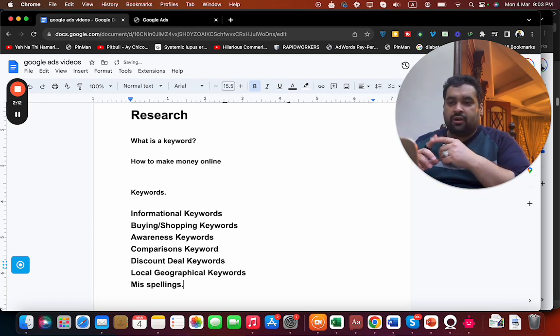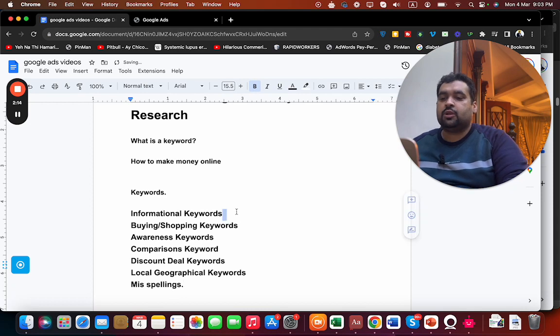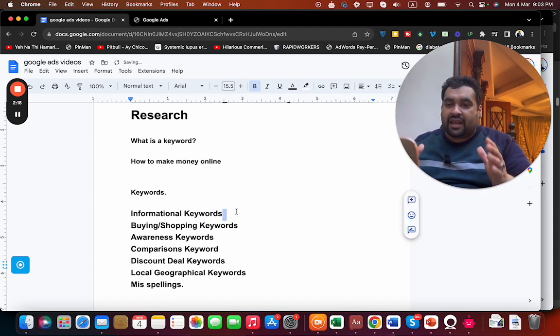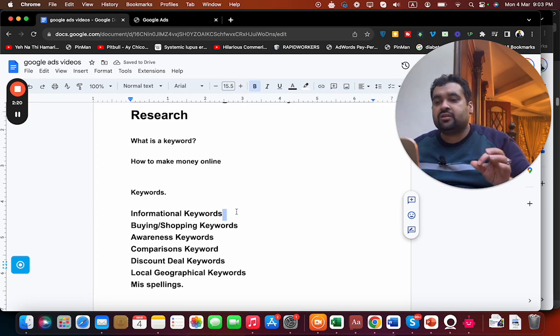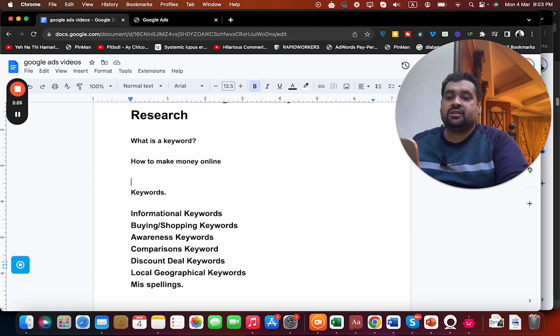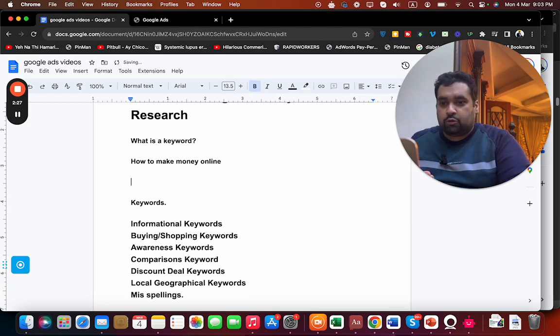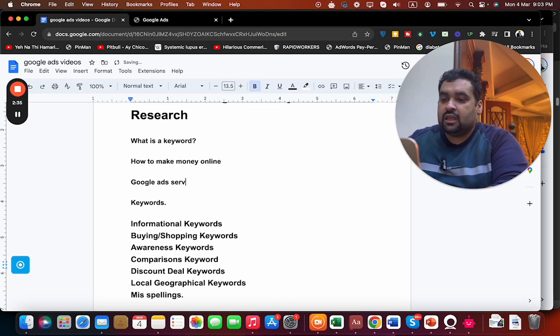One is the informational keyword. Informational keywords are those where you want to know about the product. You need to understand the buying cycle of the consumer while they are searching a particular query. Let's say I am selling a Google Ads service, and I have to market it.